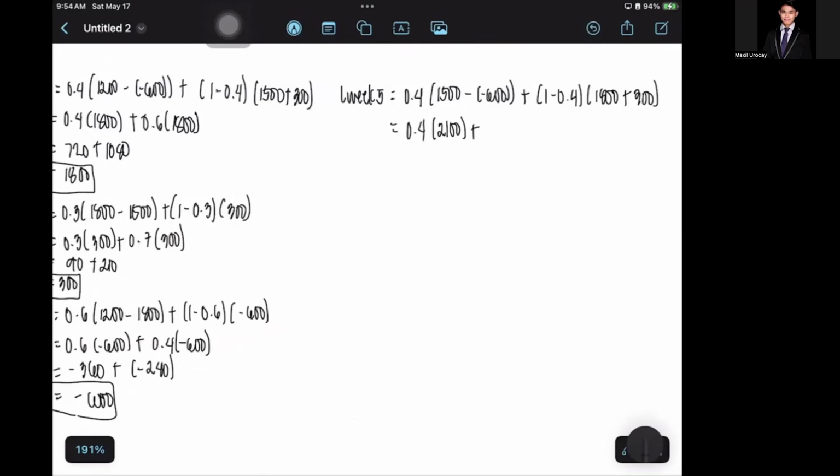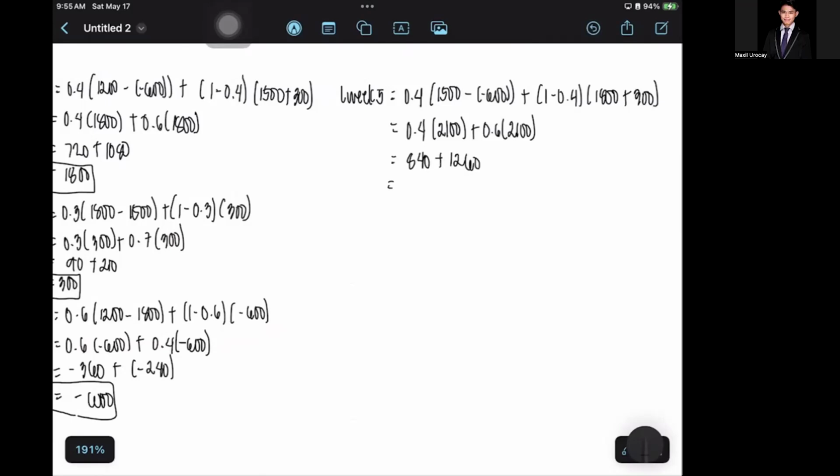And then 0.6 times 1,800 plus 300, that is 2,100. Now what will happen? 0.4 times 2,100 will equate to 840, plus 0.6 times 2,100, that is 1,260.